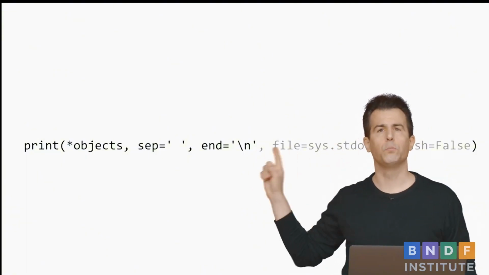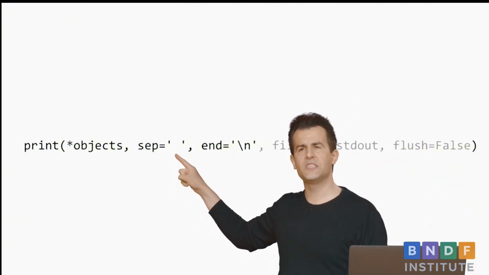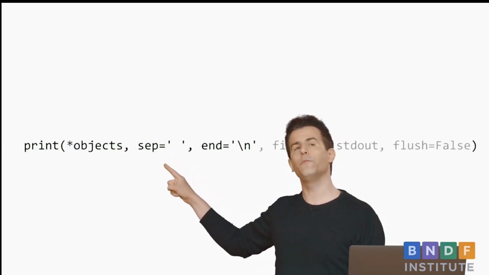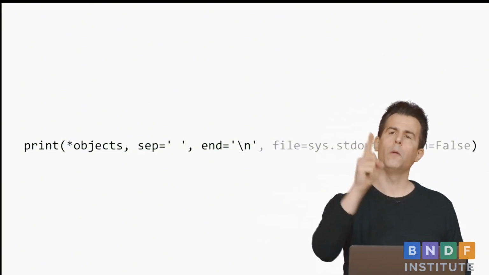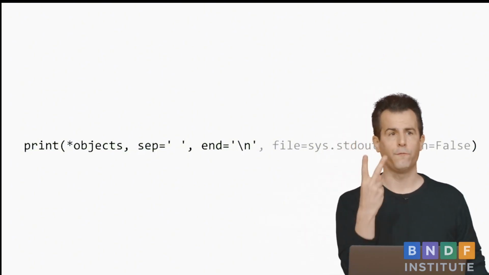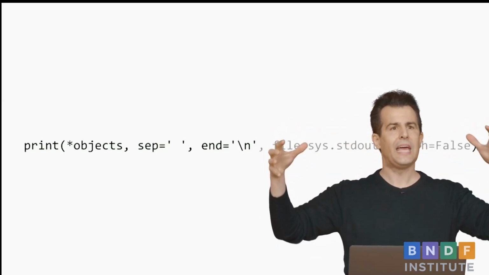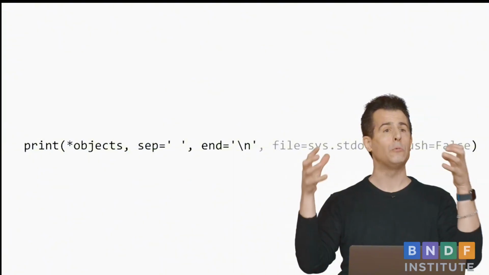Now, by that logic, let's move backwards. Sep, for separator. The default value of separator is apparently a single blank space. Well, where have we seen that? Recall in an earlier example, when I passed in not just 1, but 2 arguments to the print function, they magically had a space between them. In fact, they had that space plus my own space, and that's why I deleted my space, because at that point it was extra.